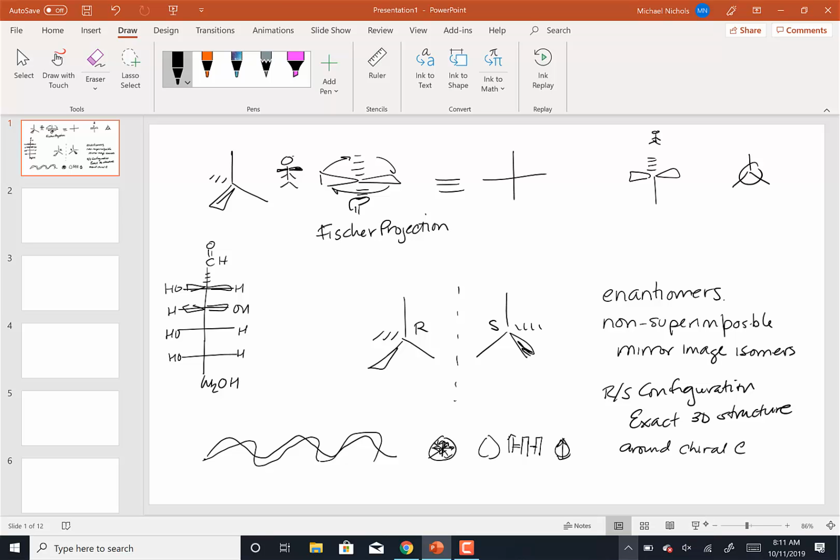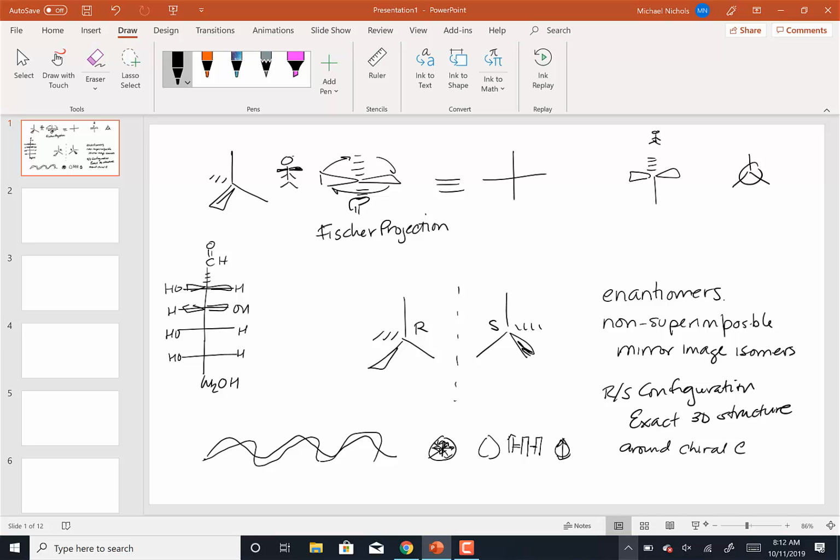So you take all 360 degree orientations and you make one. And this is all physics. So when you have the one orientation of plane polarized light, if you pass it through the solution, a single chiral molecule will rotate that plane polarized light.